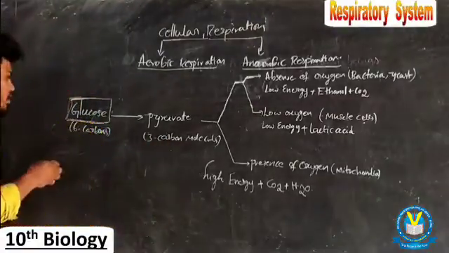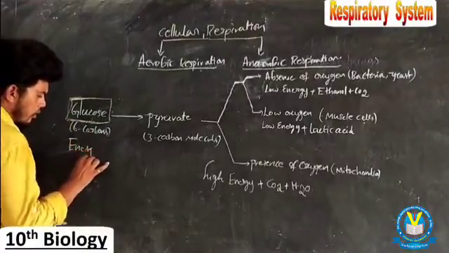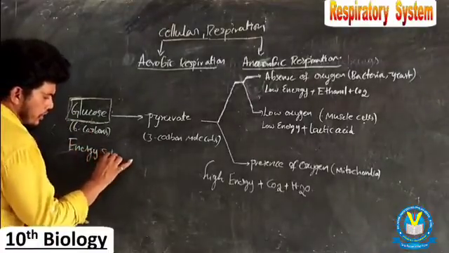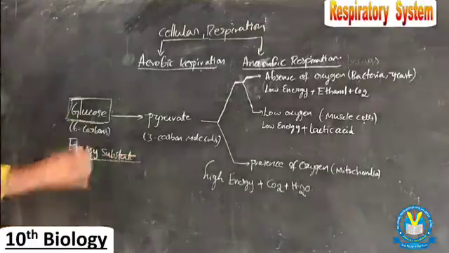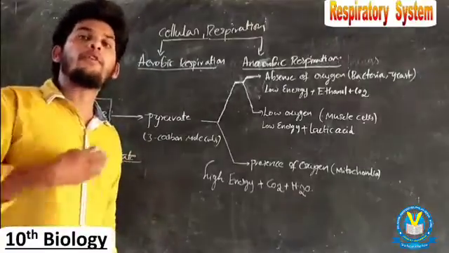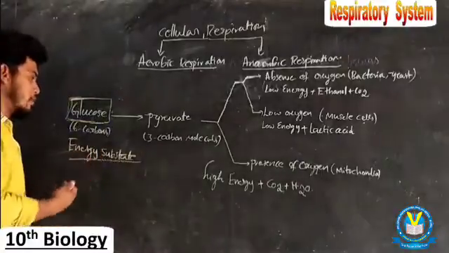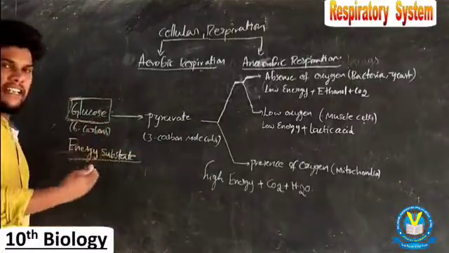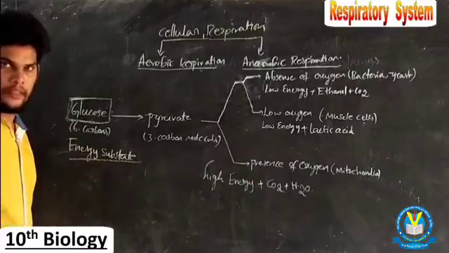That's why glucose is called an energy substrate. Why is it called so? Because it is the substance which helps to produce energy. Glucose is an energy substrate to produce energy in the organism.